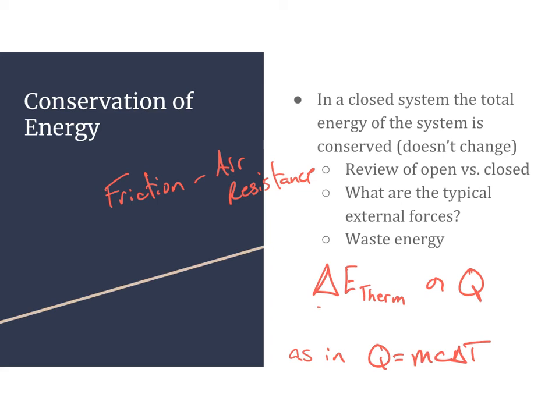So within a system, energy is conserved to a degree unless there are external forces such as friction, which converts mechanical energy, so normal kinetic or gravitational potential, into thermal energy or waste energy.